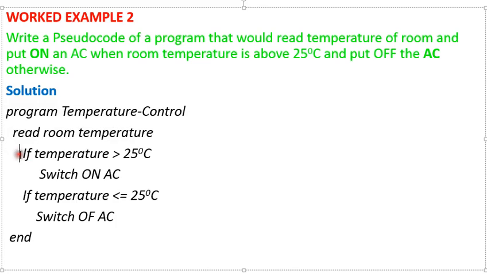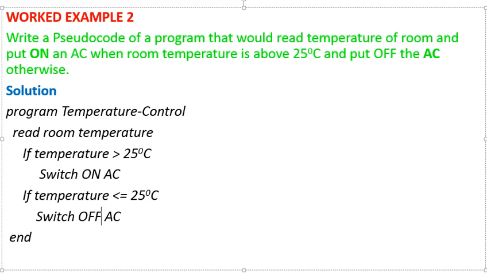Then you come to the decision and say if temperature is greater than 25 degrees Celsius, if yes, then the action is switch on the AC. But if it is not greater than 25 degrees Celsius, it will now come and say if temperature is less than or equal to 25, which means it is not greater than 25, then switch off the AC. This off is supposed to be double F, and after that it will end it. Very simple.